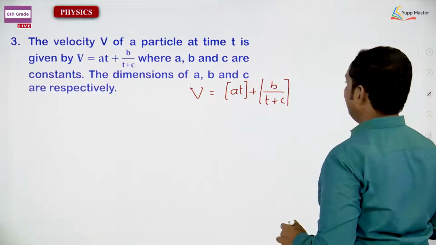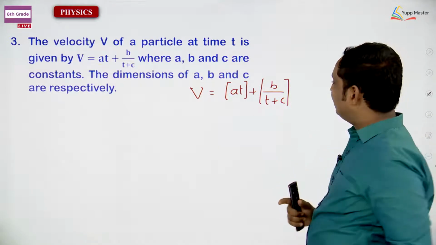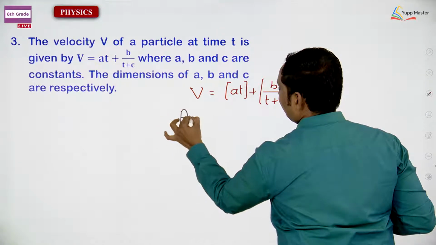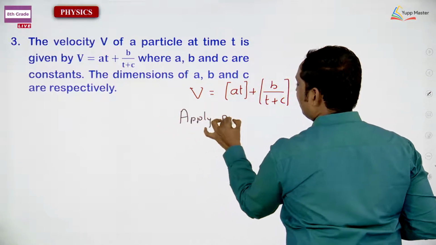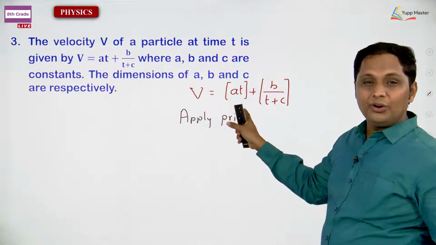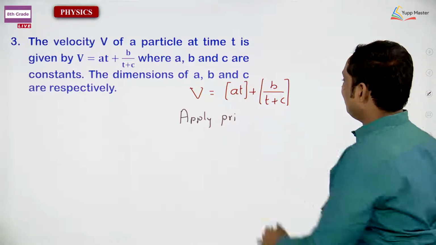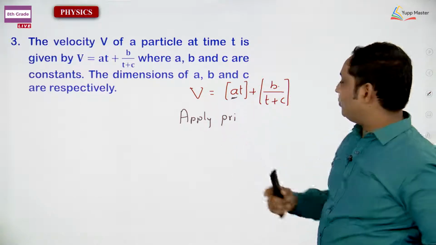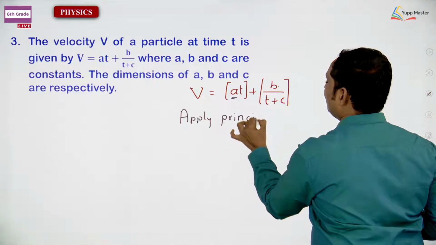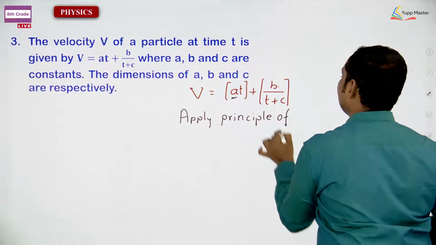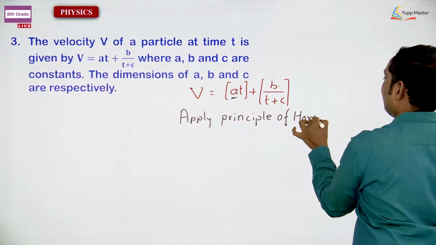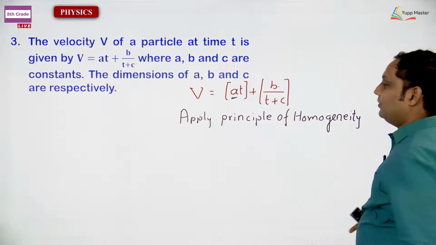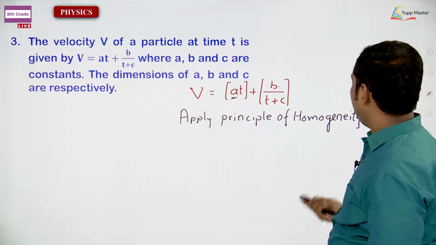We have to apply the principle of homogeneity in order to estimate the dimensions of A and the dimensions of B. You have to apply the principle of homogeneity, it is very clear.